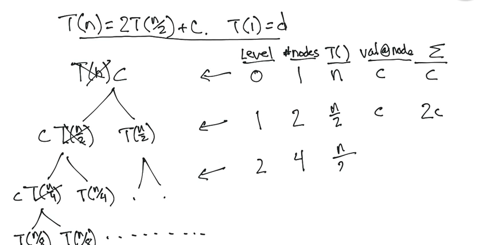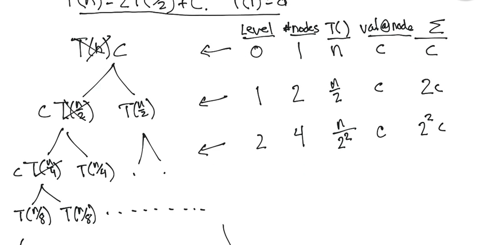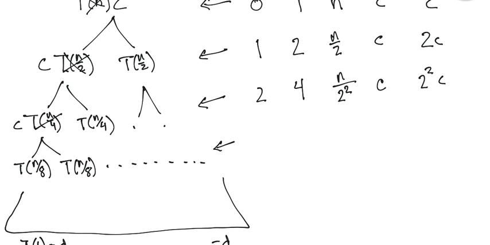I'm going to write that as n over 2 squared. The value at the node is again c, and we've got 2 squared c. At level 3, there are 2 cubed, or 8 nodes. We're taking T of n over 2 cubed. There's c at each node, and the total is 2 cubed times c.